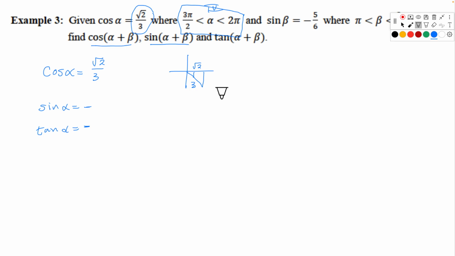Okay, so we see these again, that's why I have to bring back some of the other stuff I've been working on. So for this other side, 3 is the hypotenuse. So 3 squared equals the square root of 2 squared plus the opposite side squared.